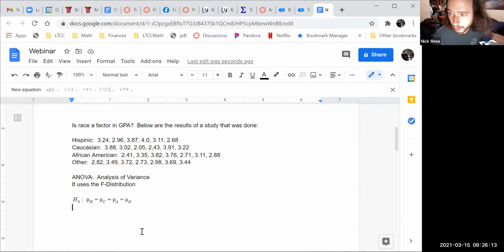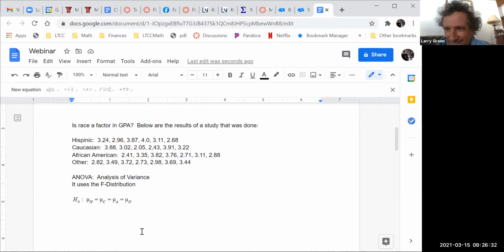They're not equal. So does that mean that they're all different from each other? No. What does it mean? They're not all the same. Oh, but not all the same is the same thing as all different, right? Not the same and different are the same things.